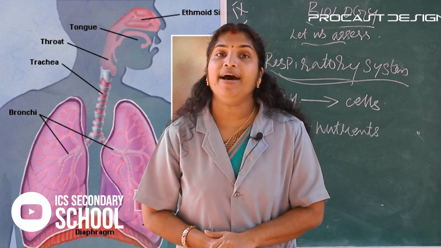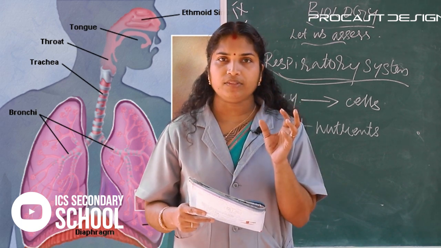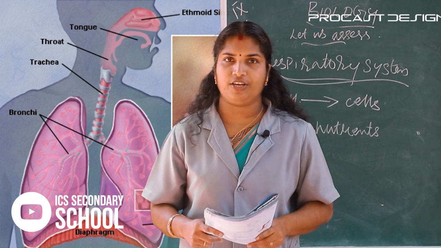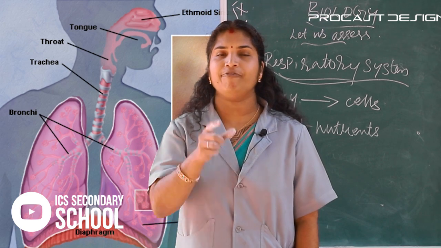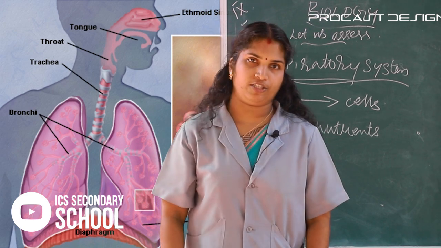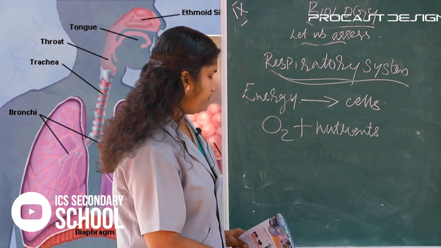Okay, list the parts of the respiratory system. What are the parts of the respiratory system? The first part is our nose, or nostril. Please listen to which parts are included in the respiratory system.